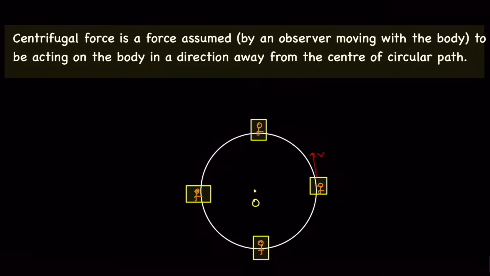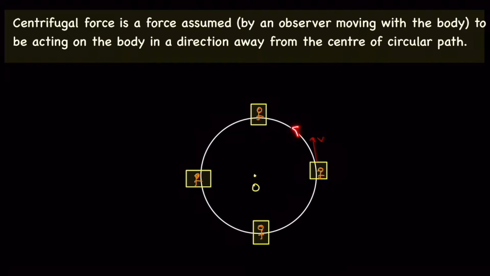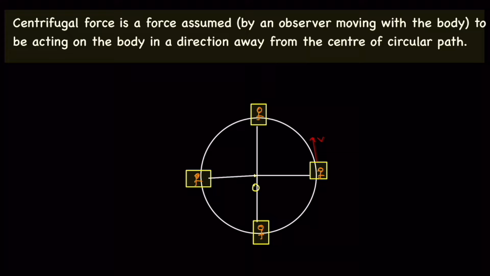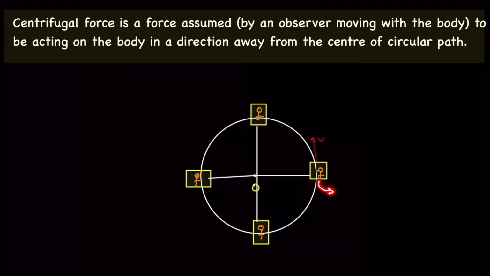Let's understand with an example. As you see, this is a circular motion. Here we consider a box. Inside the box, one person is present. So let's make a connecting rod. When the circular motion takes place and our reference is the person present inside the box, the person will feel the force is acting away from the center.